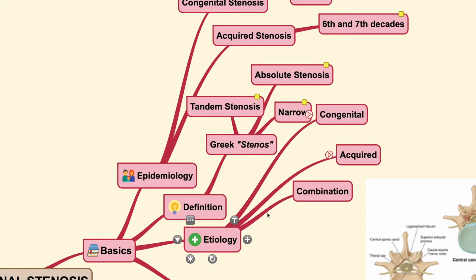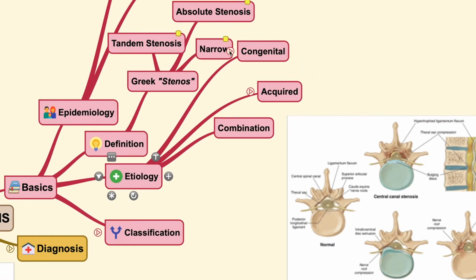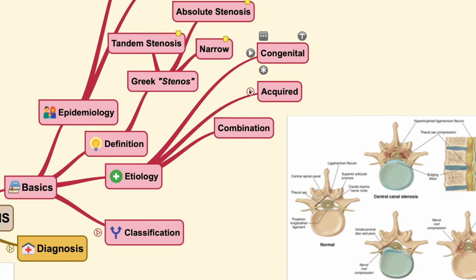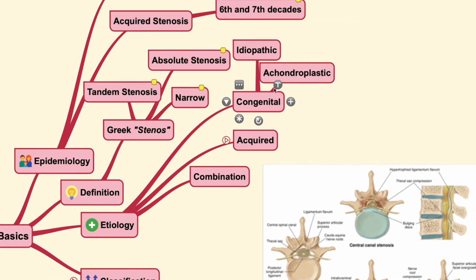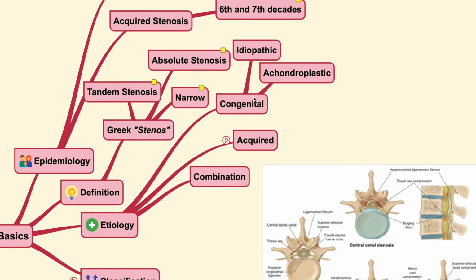Now, etiology-wise, it could be caused by several things. It could be a congenital cause, an acquired condition, or a combination of both. For the congenital ones, it is usually caused by an idiopathic cause or achondroplasia.